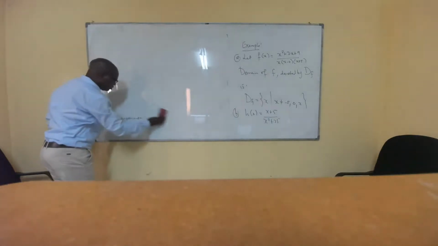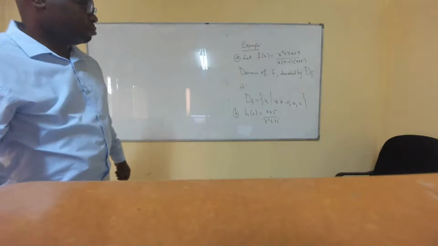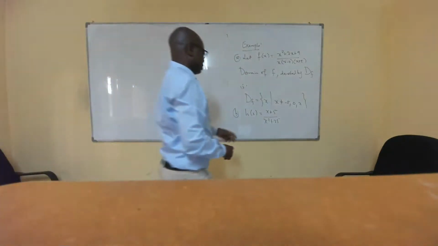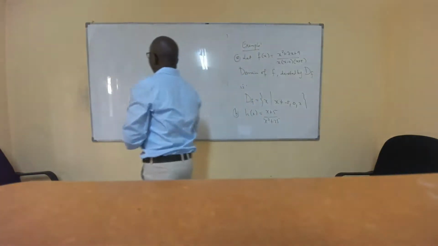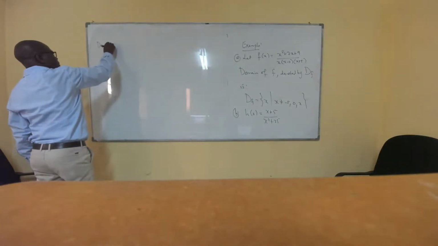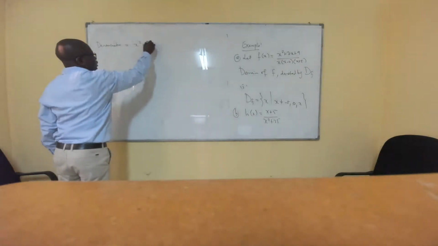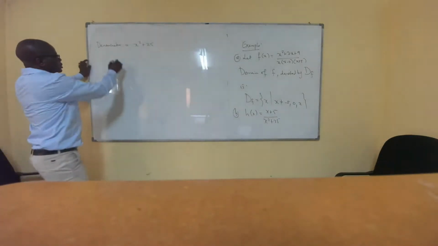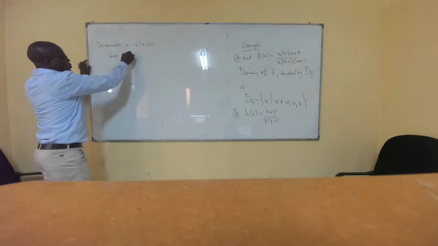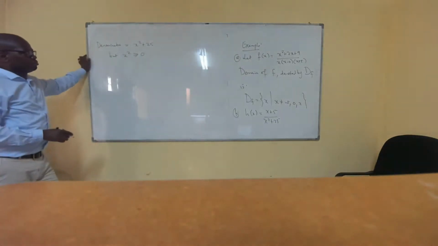There is no real number that can make this denominator equal to 0. The denominator is actually x squared plus 25, but x squared, you know, is greater than or equal to 0 all the time.